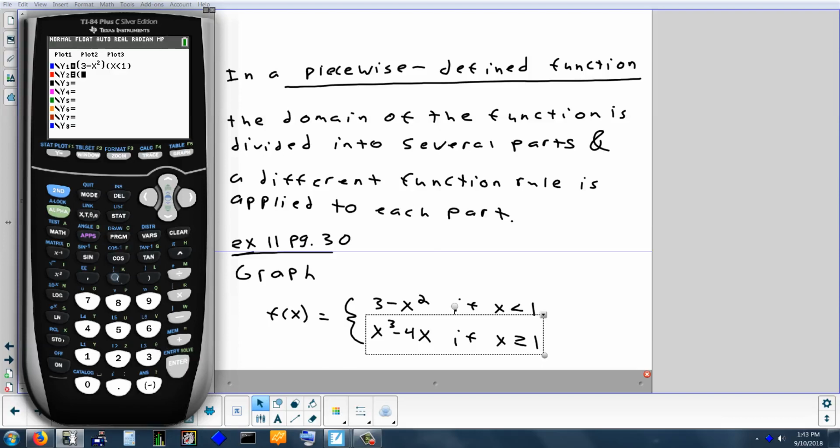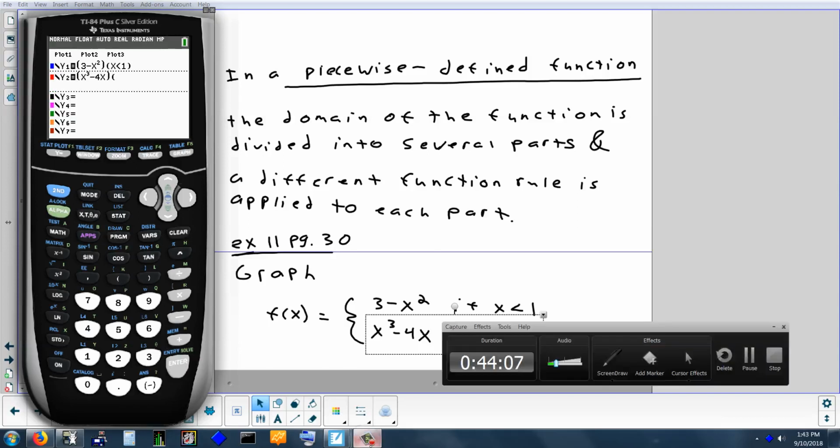So let's type in the bottom one. In parentheses, x cubed minus 4x, close parenthesis because you're done with the expression, open parenthesis for the condition of when to use that. You only want to use that when x is greater than or equal to 1.